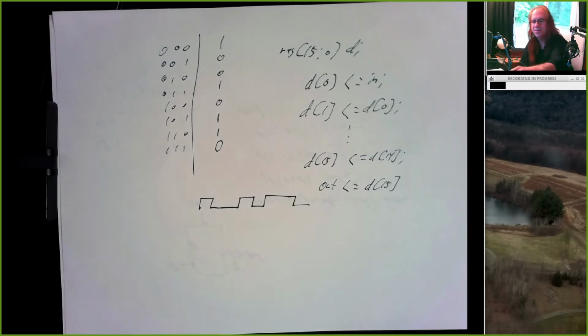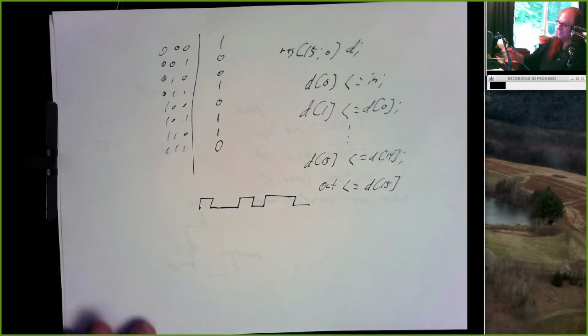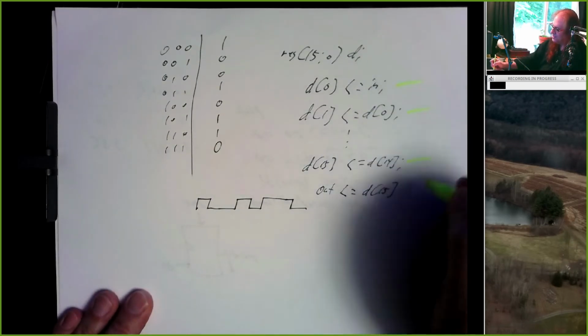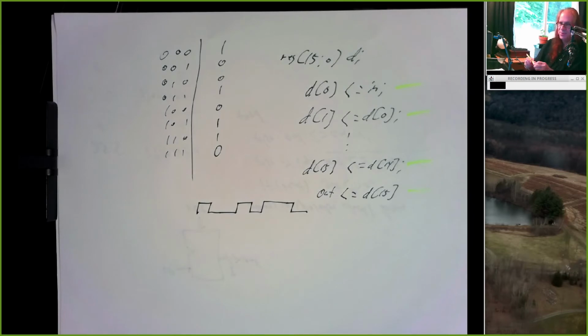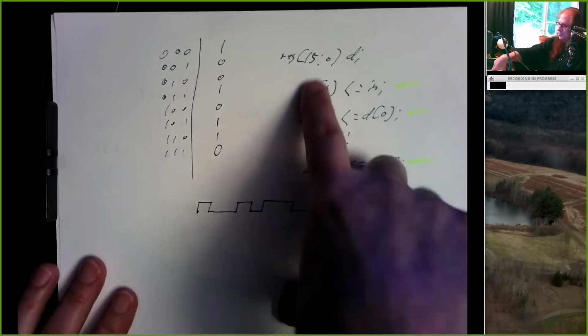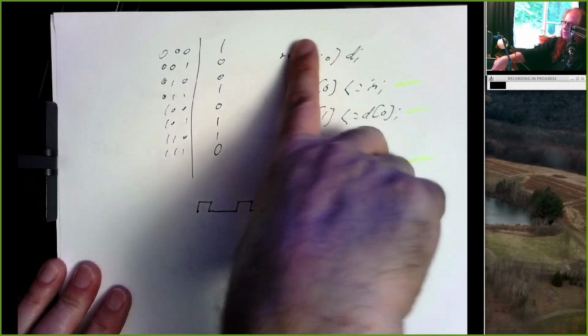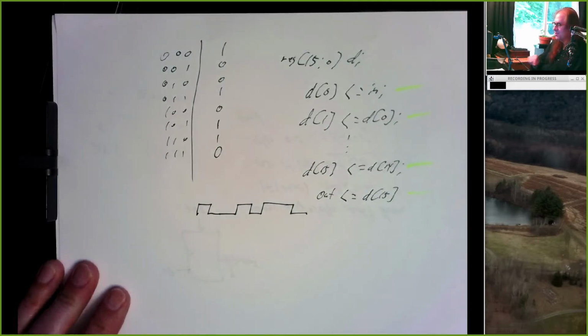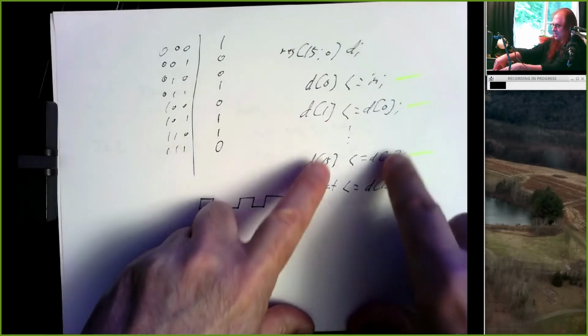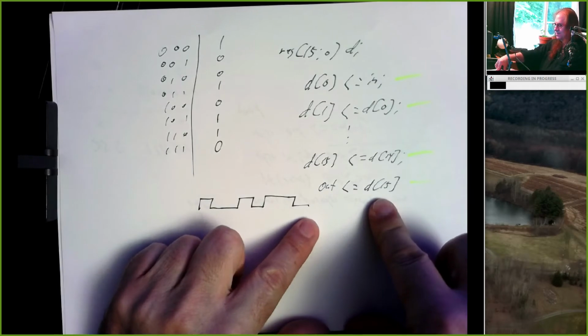The big thing to remember here is that in Verilog, all of these statements fire at the same moment. And this is like our state machine circuits, where we have a series of flip-flops, but they're all fed from the same clock. So at the moment that the positive edge of the clock hits, or whatever our always statement is, at that moment, this happens, this happens, this happens, this happens.